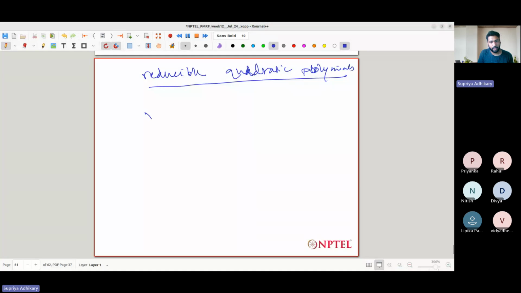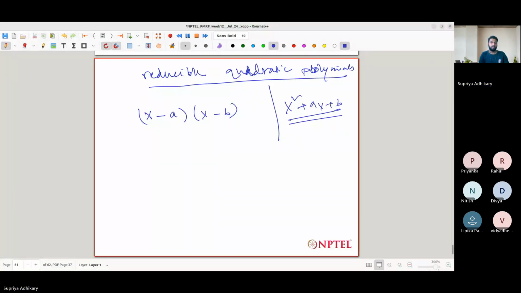What does that mean? That means this polynomial can be written as a product of two factors. Because if this is our quadratic polynomial, say x square plus x plus b, and we say that this polynomial is reducible, then this polynomial has some non-constant factors. That is the only possible way that this quadratic polynomial can be written.